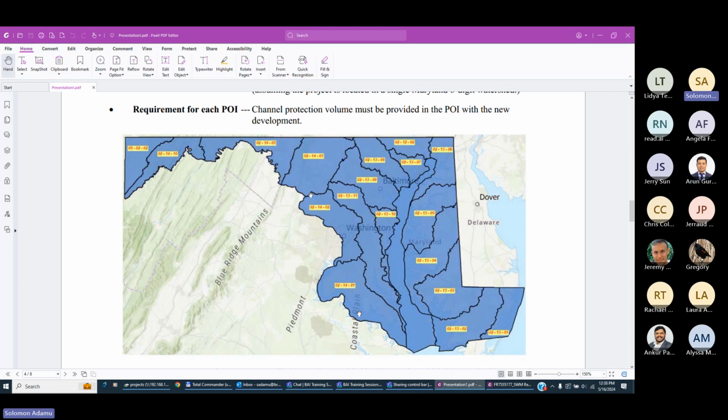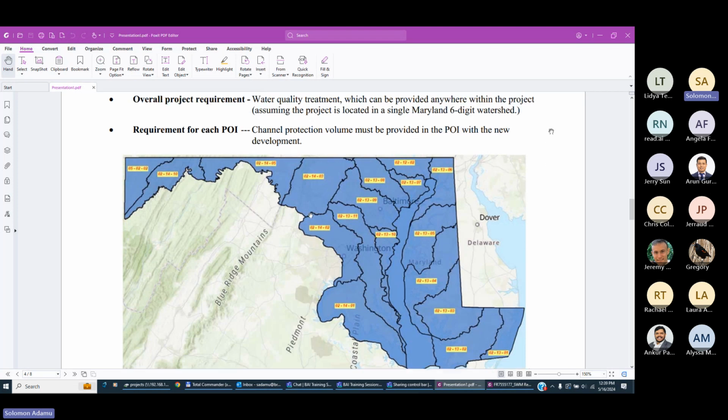That means I can use it wherever I want, as long as I am in the same watershed. That is for the water quality. So if I don't have space to provide treatment here for water quality, then I can provide it anywhere within these 6 digits. That's what it means here.